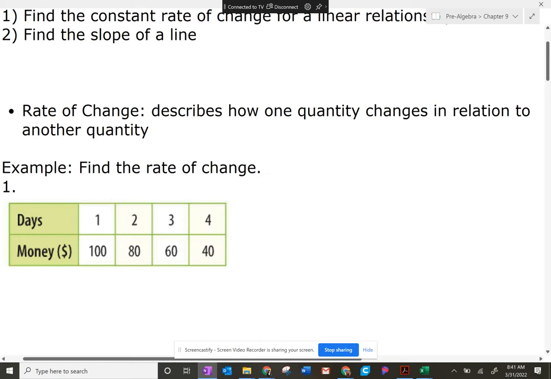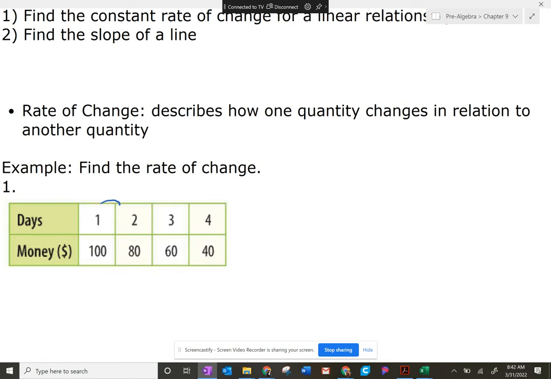All right, so I'm going to look at this very first one. I've got this rate of change here. It says days, and then it has money. So what I'm going to start to do is look at two portions to see what they're doing. In between the days, what's the change between this day and this day?